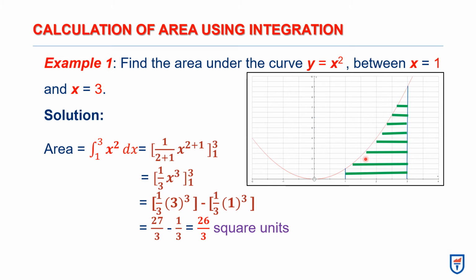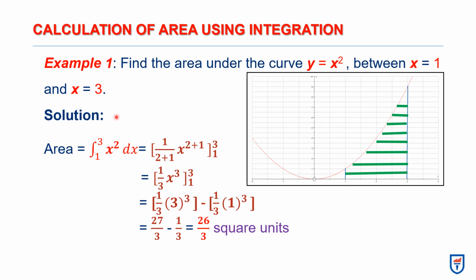When you draw the graph, it touches the x and y axis at 0, where x equals 0 and y equals 0. Now we need the area that is shaded here, which is between x equals 1 and x equals 3. So x equals 1 is going to be our lower limit, and x equals 3 is going to be our upper limit in our expression.